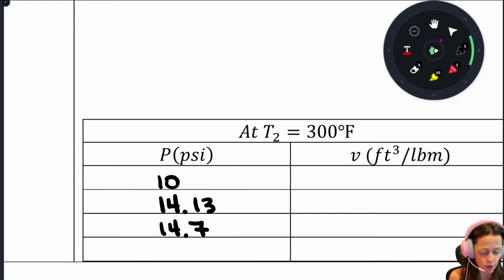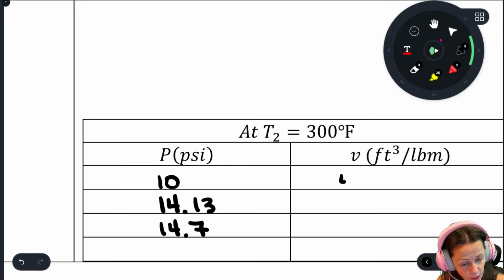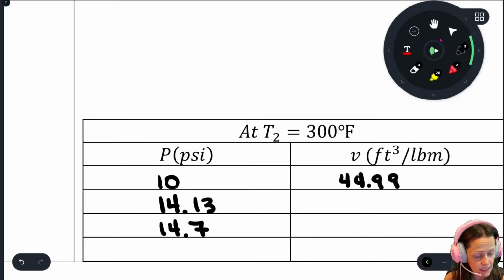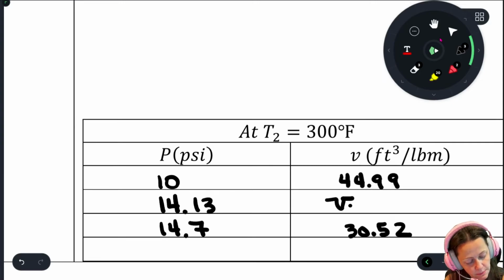So at 300 degrees Fahrenheit and 10 psi, the specific volume is 44.99. At 14.7 psi and 300 degrees Fahrenheit, it is 30.52. And so this is my V2.